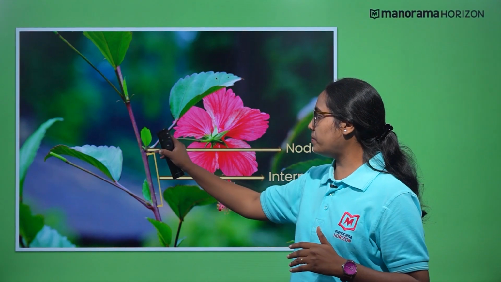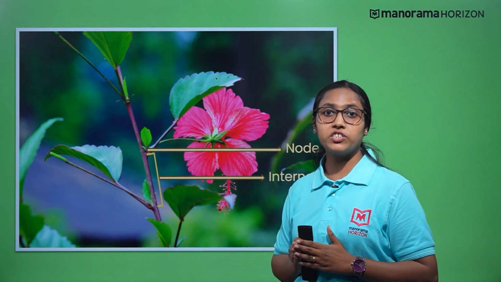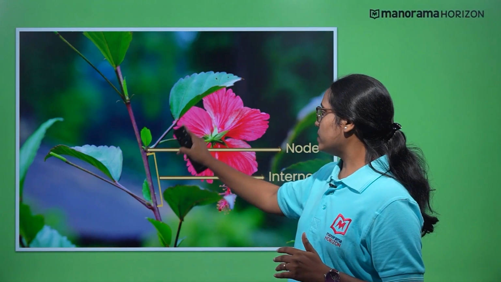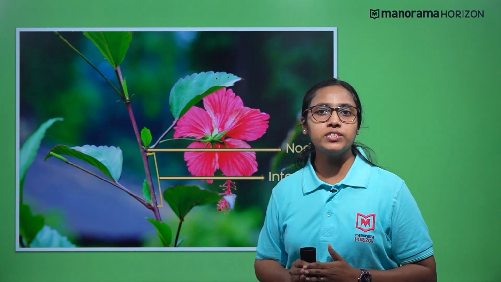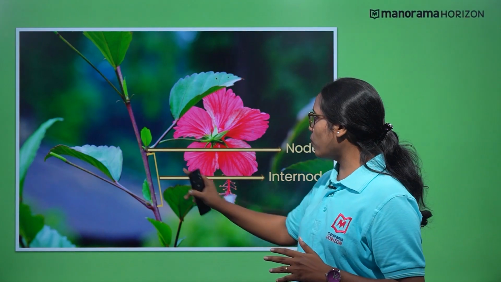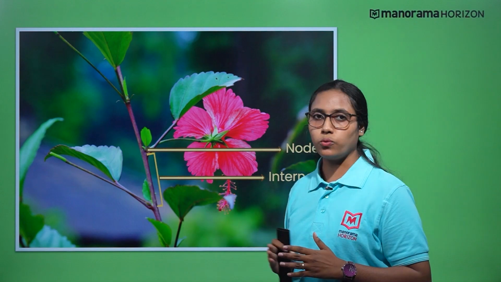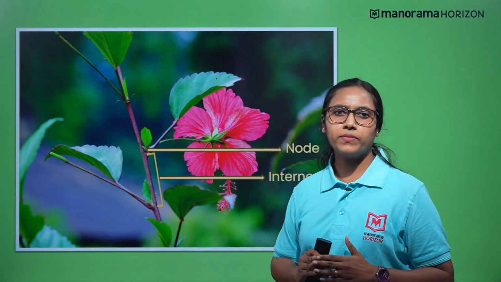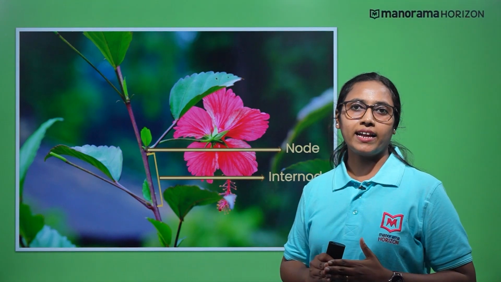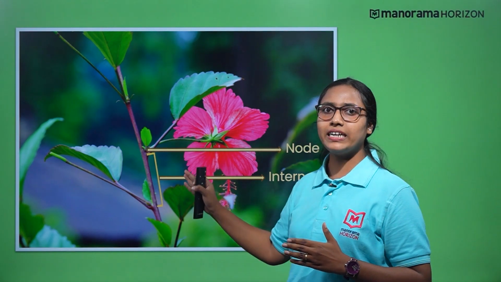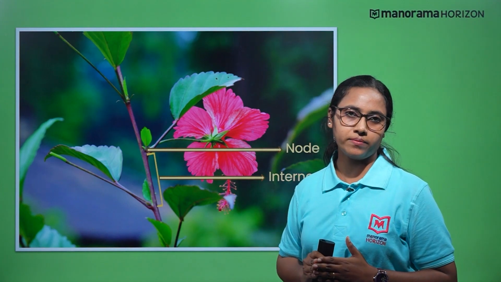As you can see in the image, the lateral buds are present in the nodes, from which leaves, flowers and branches arise. Here you can see the portion between the two nodes. It is known as the internode. So, we can say that the lengthening of the internodes leads to an increase in the height of the plant.